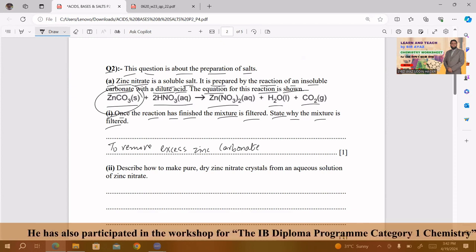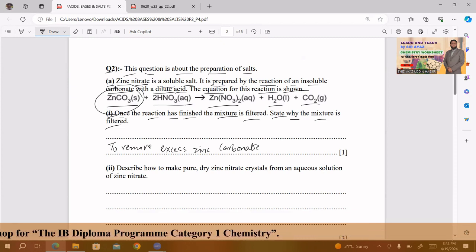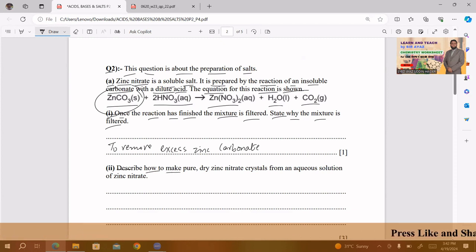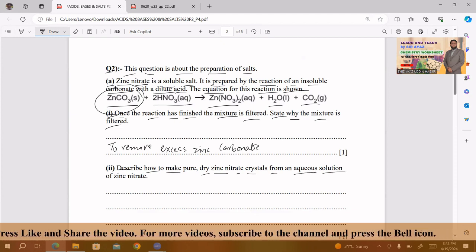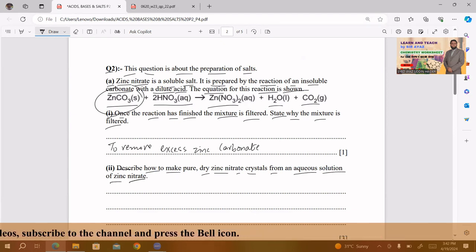Number 2, describe how to make pure dry zinc nitrate crystals from an aqueous solution of zinc nitrate. Now you have an aqueous solution of zinc nitrate.